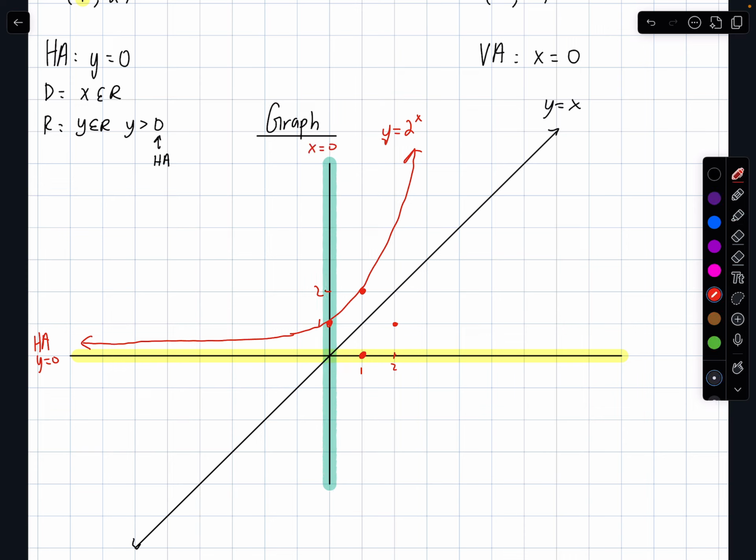So how do we graph this? This graph hugs the vertical asymptote and then swoops out like a hockey stick like this. So this is our logarithmic function.